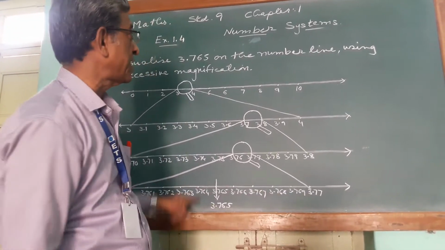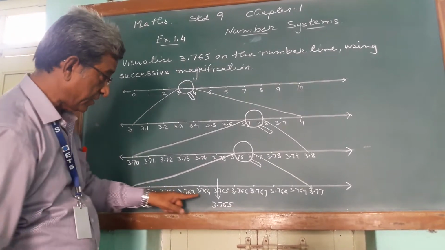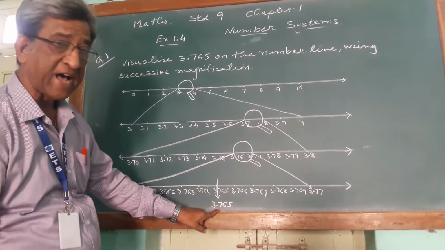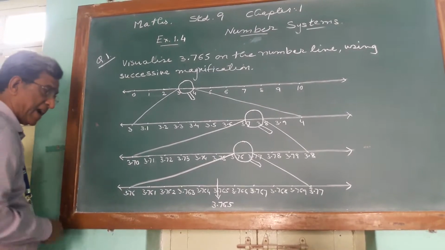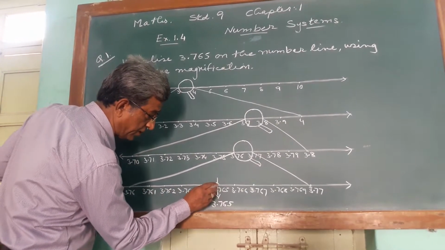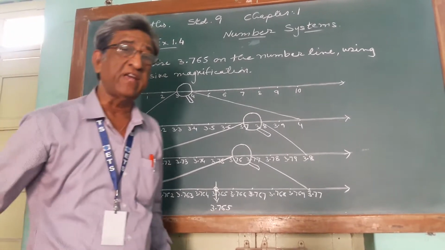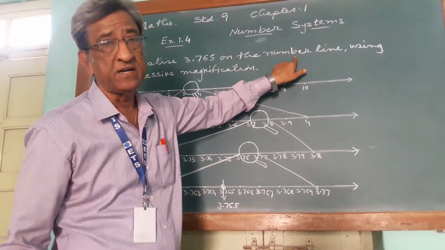On this number line our required number 3.765 will lie here. In this way you can represent the given number on a number line.